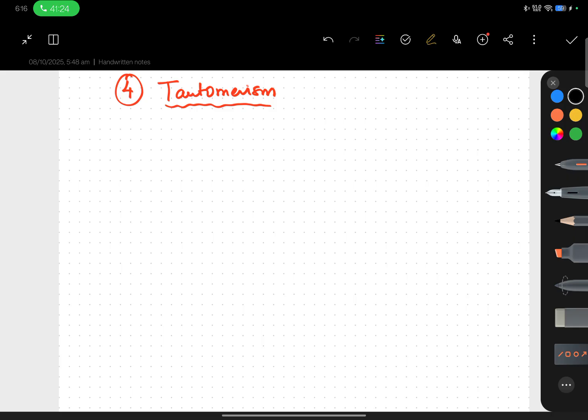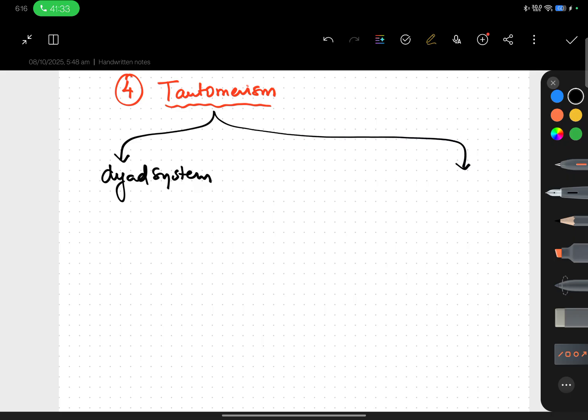So there are two types in this. One is the dyad system, where only two atoms are involved. Another one is the triad system, where three atoms are involved. Let me give you an example. For example, you take hydrogen cyanide.